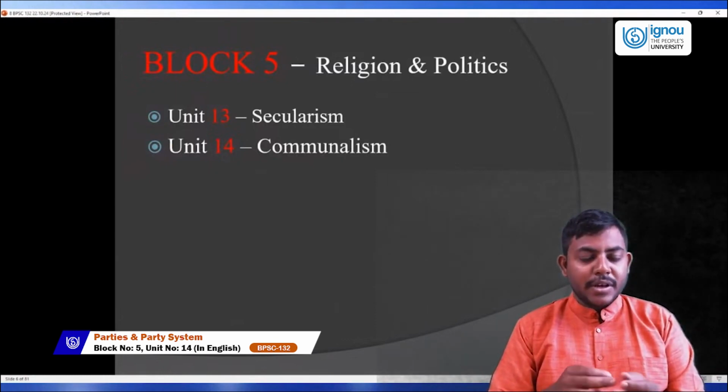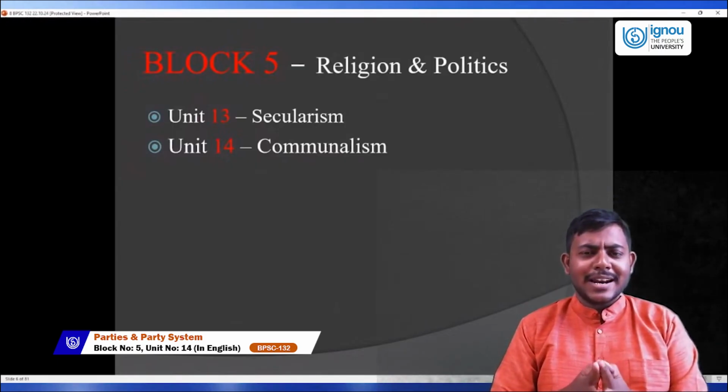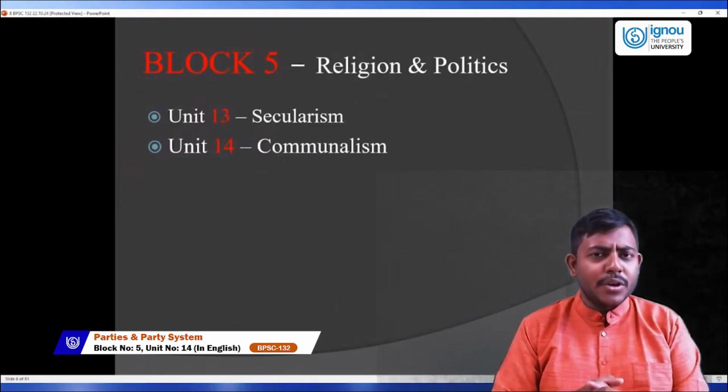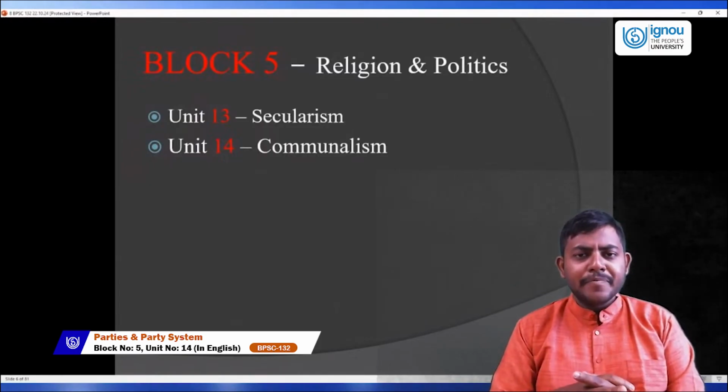So in today's class we are going to discuss unit 14, which belongs to block 5, and then we are going to discuss our last block, which consists of 1 unit, pertaining to political parties and party system in India.